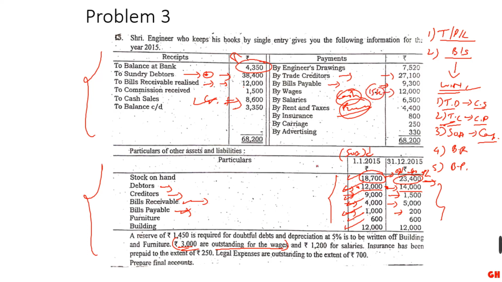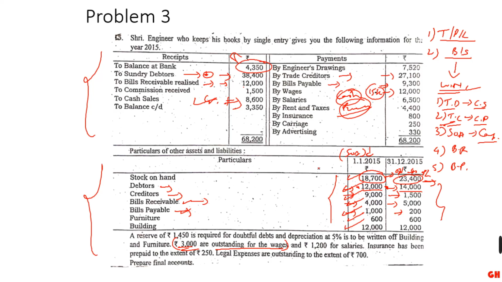So we have to show the full 15,000 in this year, because the laborers have worked for the full year of 2015. As per the matching concept of accounting, whatever expenses relate to that particular year have to be shown.